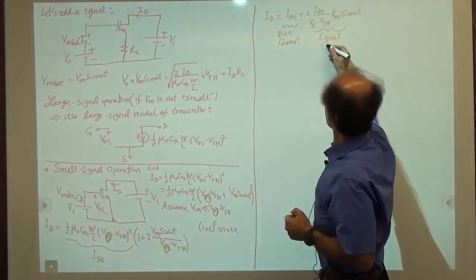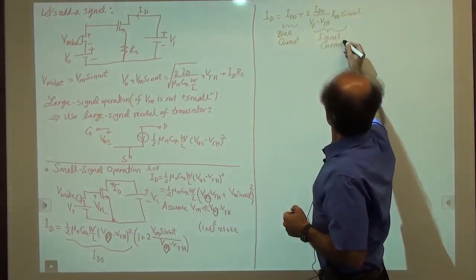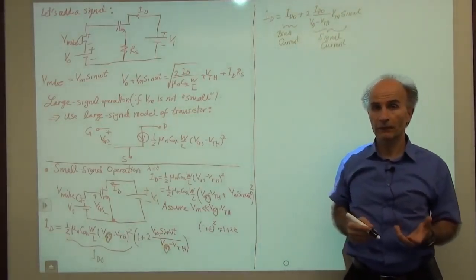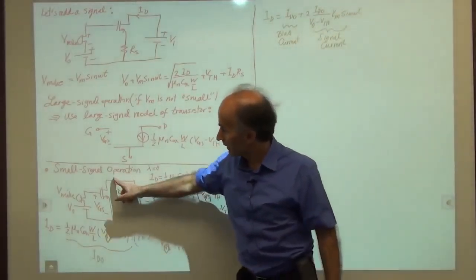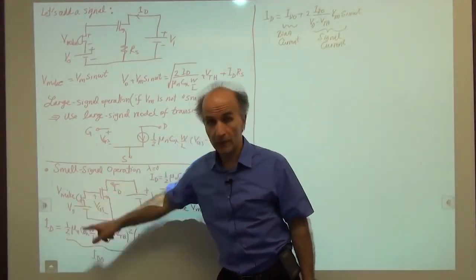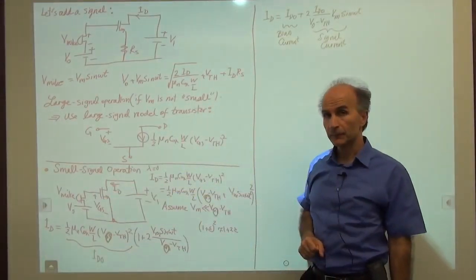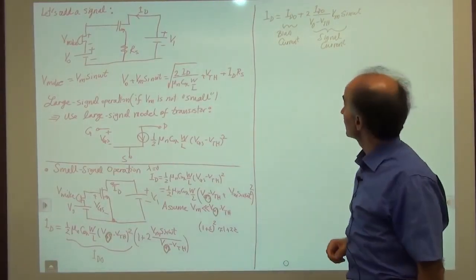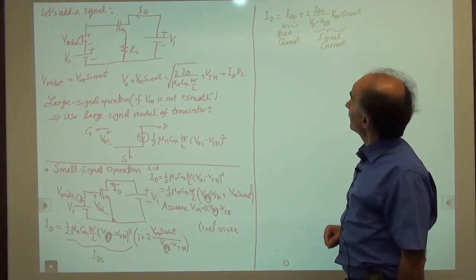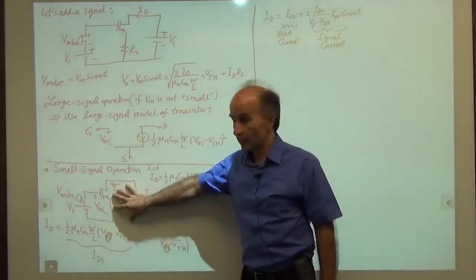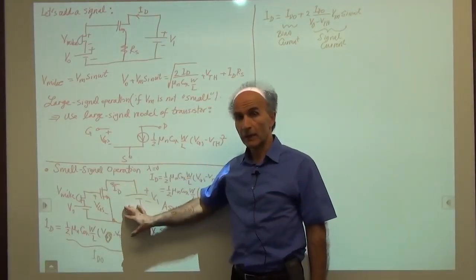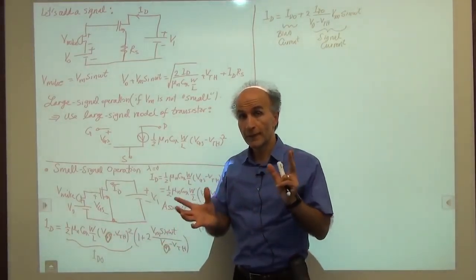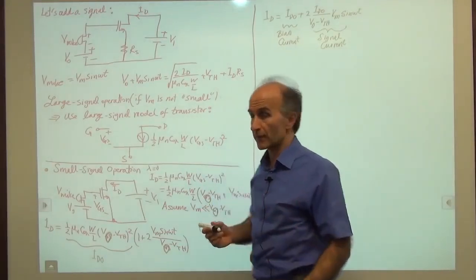You can see that if there's no signal, if Vm is 0, there's no signal current, right? That's the perturbation that we have created inside this device here when the microphone signal goes up and down. Okay, that's very interesting. So that suggests something. Maybe when I'm considering this MOSFET here, with all the things that are going on, I can, in my mind, separate it into two separate circuits, two independent circuits.